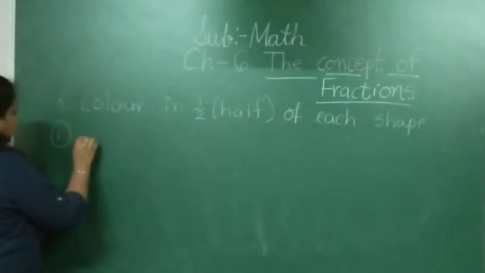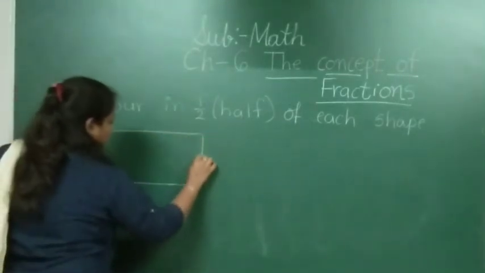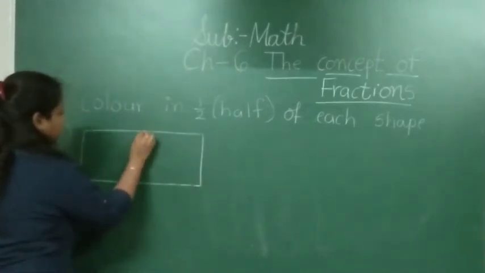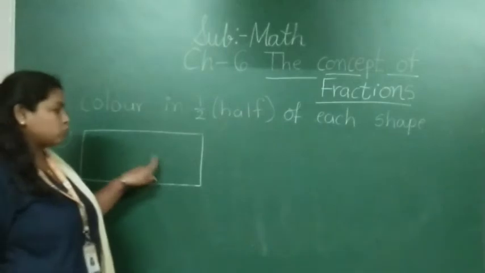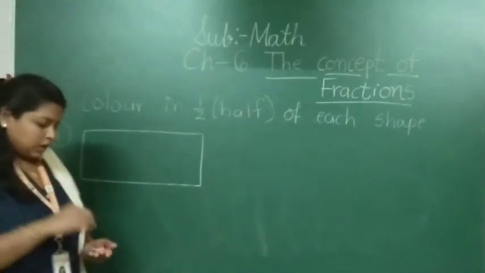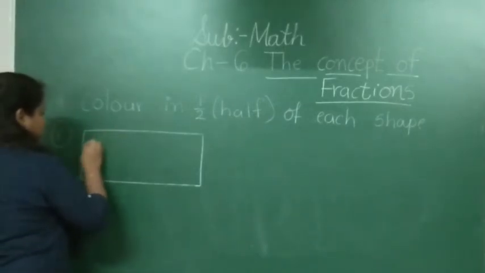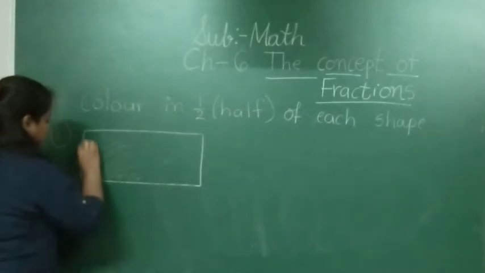So in the first example a rectangle is given to you in this way and one dotted line is given, that means there are two equal parts. So from that you have to color one part. You can color it using your color. Like this you have to shade this part.